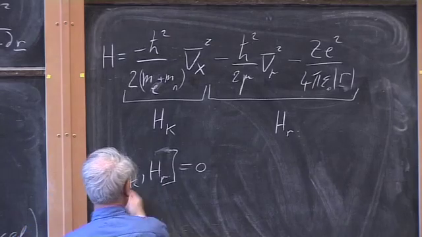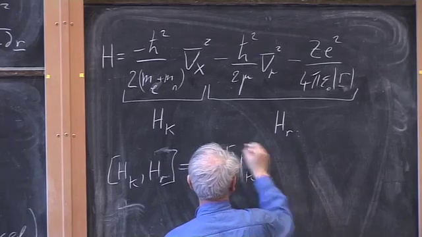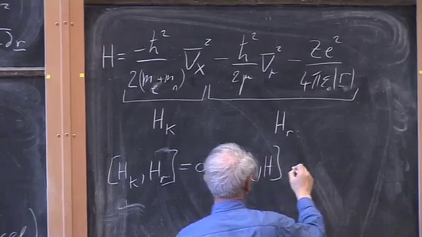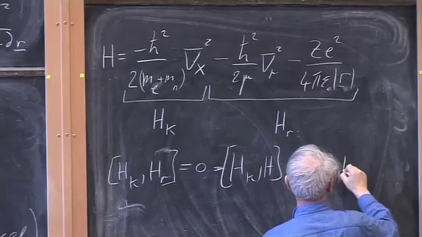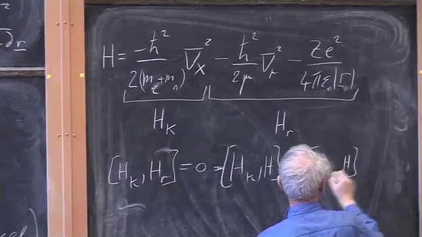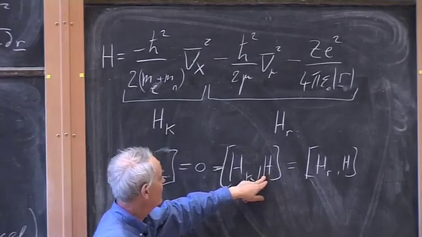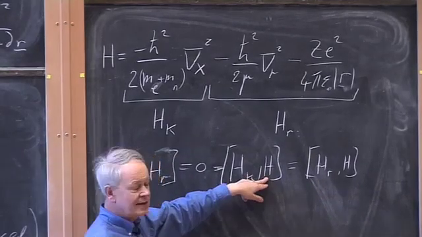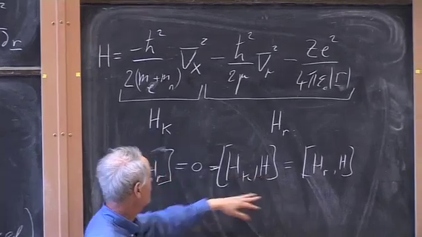Correspondingly, h sub k commutes with the Hamiltonian, and also h sub r commutes with the Hamiltonian. That follows immediately from the first thing, because obviously, this thing is hk plus hr, hk obviously commutes with itself, every operator commutes with itself, and we've established it commutes with hr.